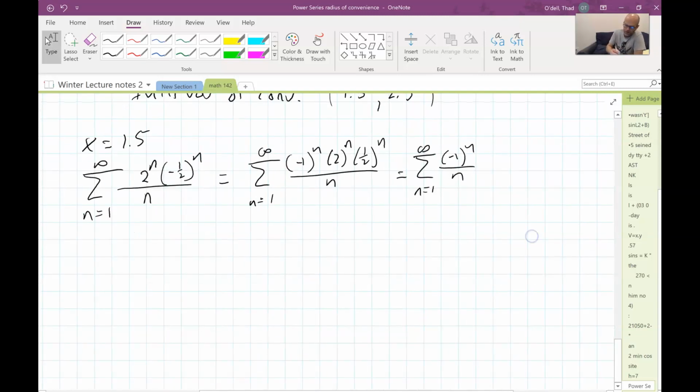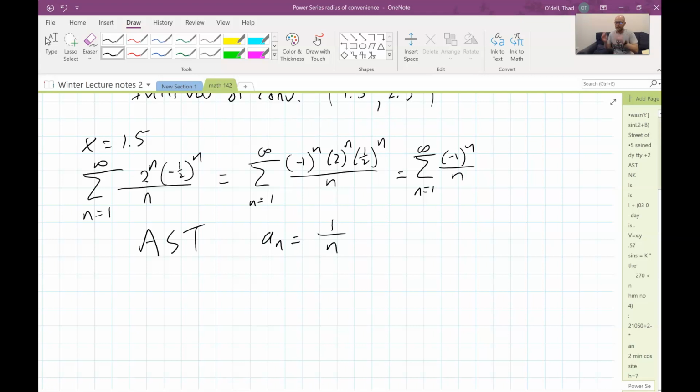So we're going to go down here and say, okay, alternating series test. My a sub n is going to be equal to 1 over n, because remember, the a sub n is what's left, the same as the sequence except not alternating. Then we need to show that it is decreasing. A sub n is definitely decreasing because 1 over n plus 1 is definitely smaller than 1 over n.